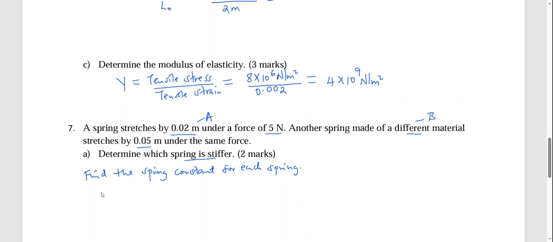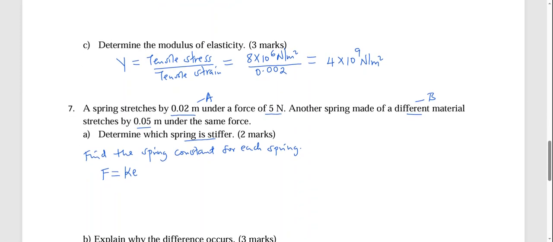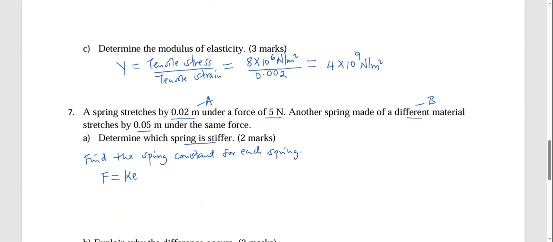Therefore, let's remind ourselves of the law of elasticity, which is Hooke's law, which gives us this formula: F is equal to Ke, force is equal to spring constant times the extension produced. We make K the subject of the formula by dividing both sides of the equation with e. Therefore, spring constant K is equal to force all over extension.